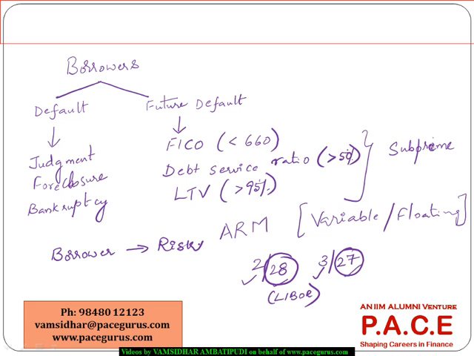Those hybrid ARMs are typically part of subprime borrowing, and the majority of the risk, especially the interest rate risk, is retained by the borrower himself.